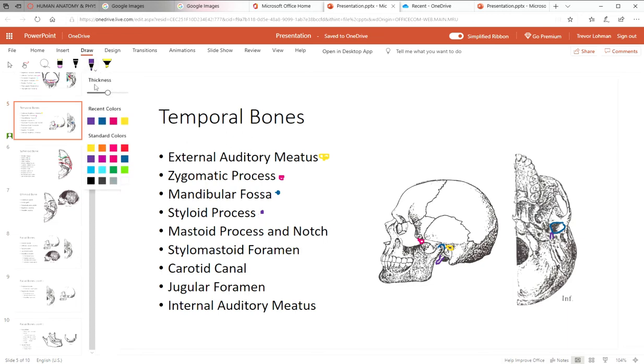So the next process is the mastoid process, and if you put your hand behind your ear, you can feel this sort of bump, this bony mass behind your ear, and that's it, the mastoid process. Here it is from the inferior view.